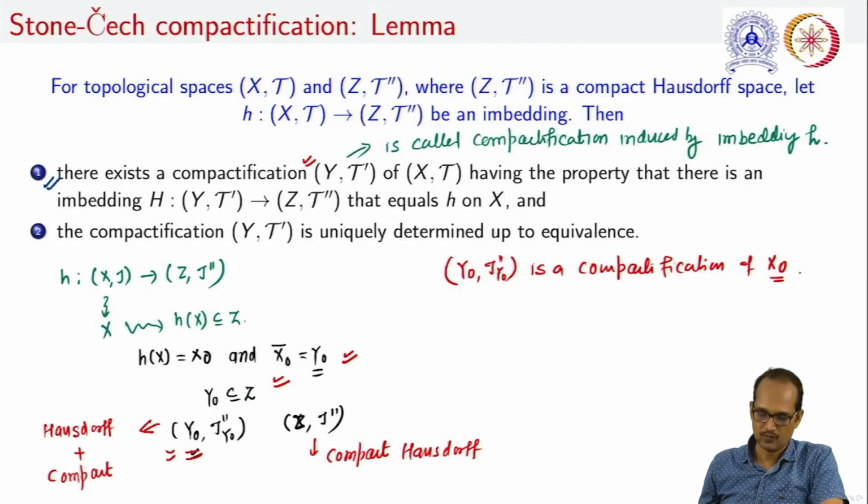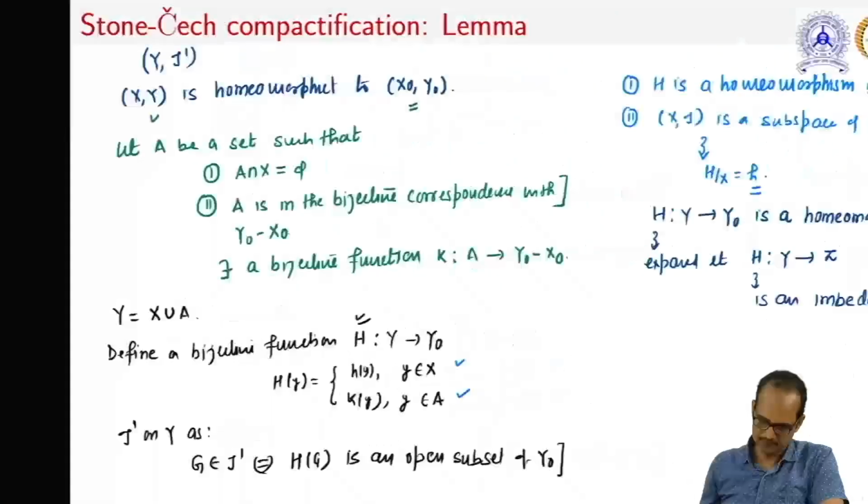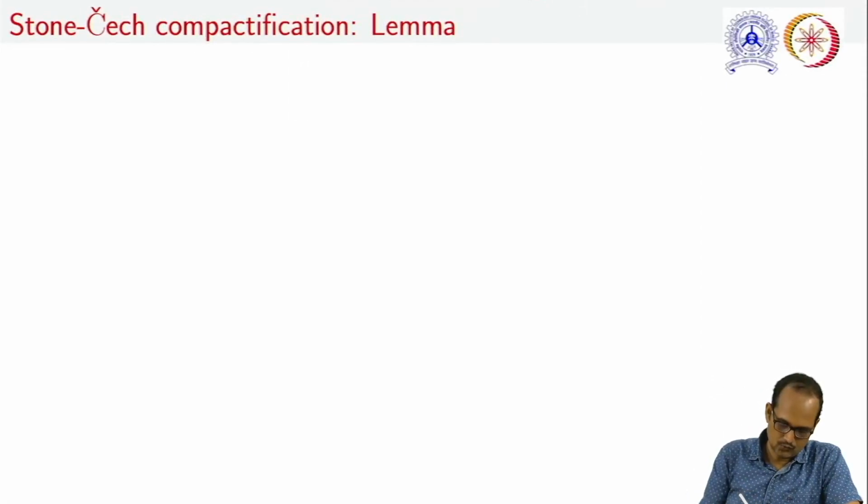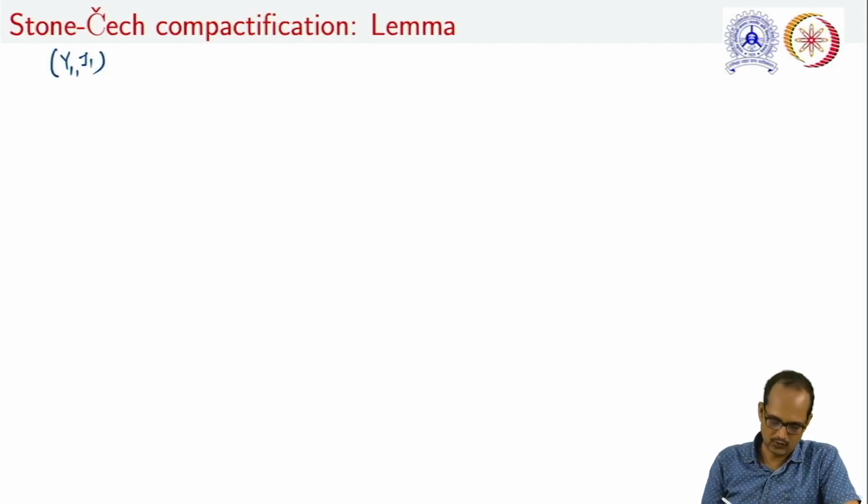In order to prove the second one, let us take two spaces. Instead of this (Y, tau dash), let us take (Y1, tau 1) and another space (Y2, tau 2).